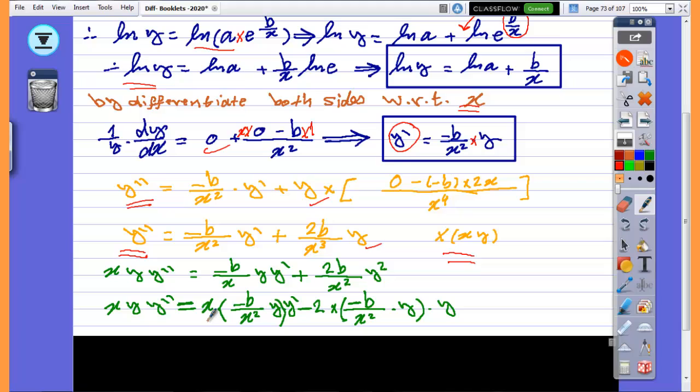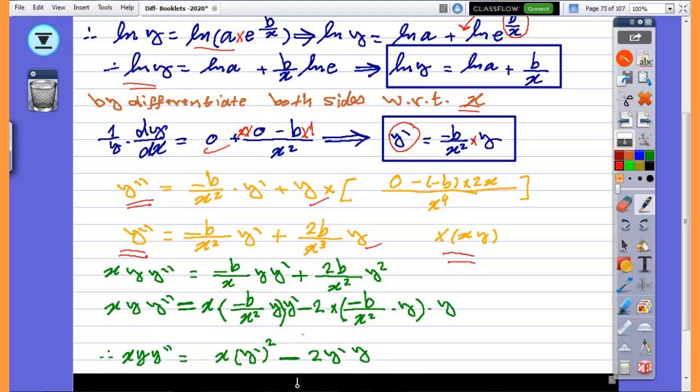So we will have x multiplied by negative b over x square y multiplied by y dash minus 2b over x square y times y, because this value negative b over x square y equals y dash itself.